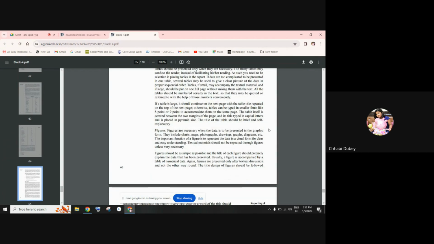And if the table is too large and continues on the next page, then the table title should be repeated on the second page also.